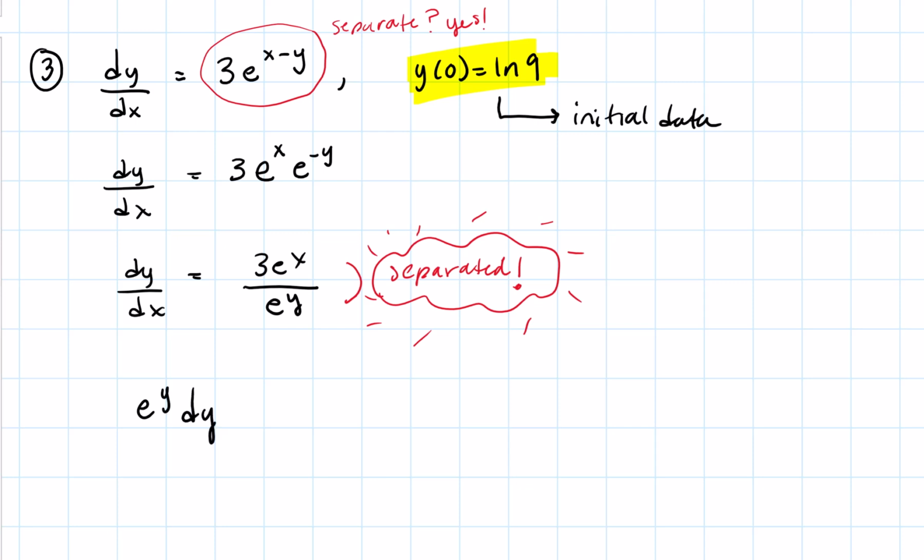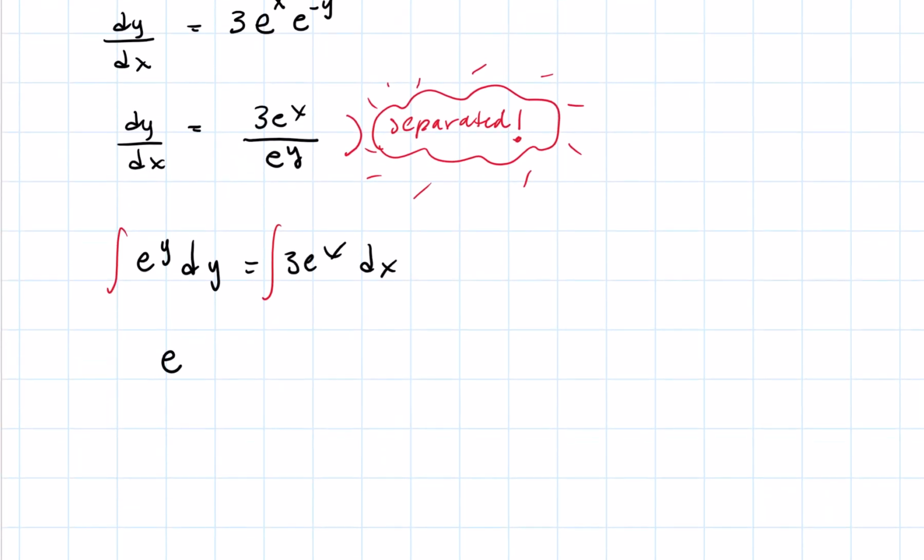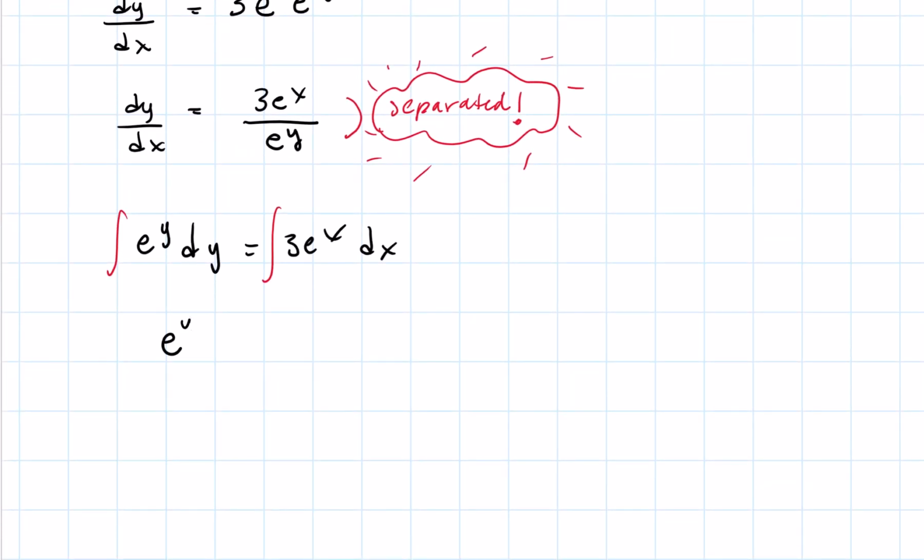So e to the y dy/dx equals 3e to the x. I'm going to separate the differential also, so we'll put the dx over here with the x. We're going to integrate both sides, and they're both exponential functions. So e to the y equals 3e to the x plus c.